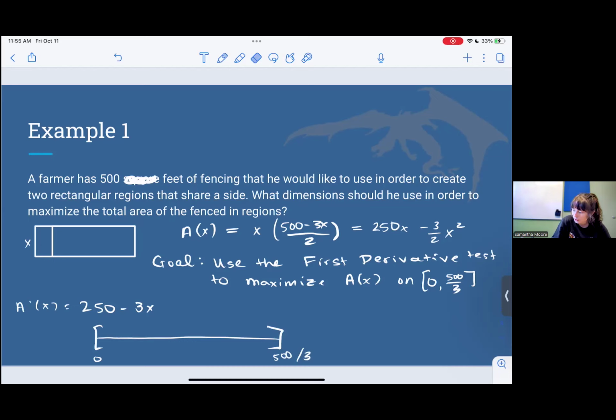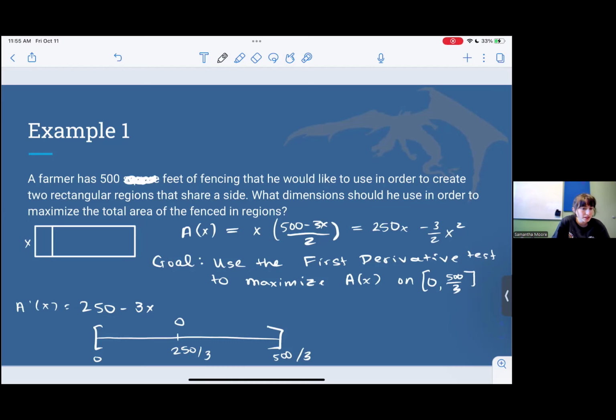And so for the first derivative test, the first thing I need to do is find the zeros of A prime. So this would equal 0 when X is 250 thirds. So that's going to be halfway through here. So at 250 thirds, A prime equals 0.